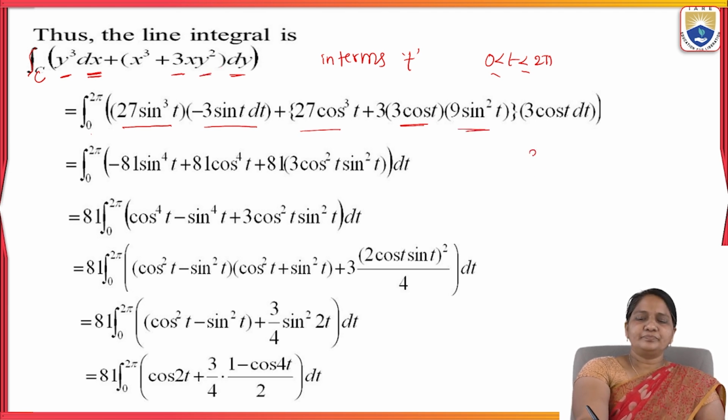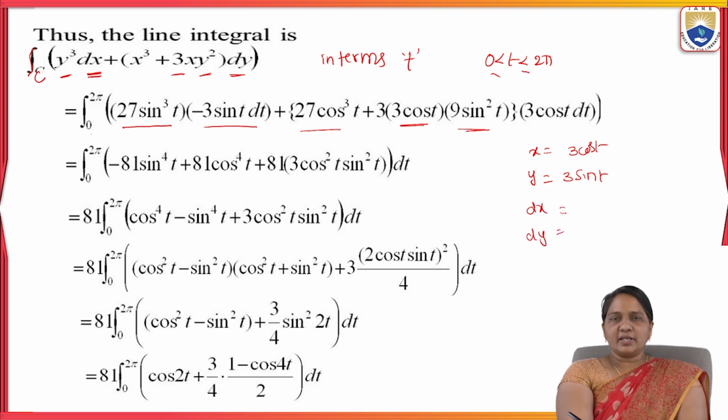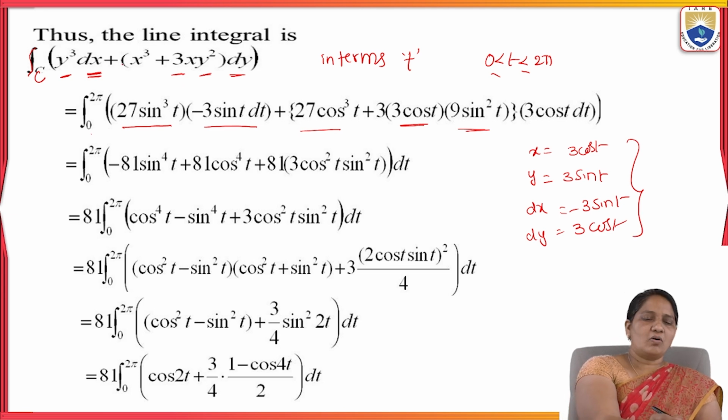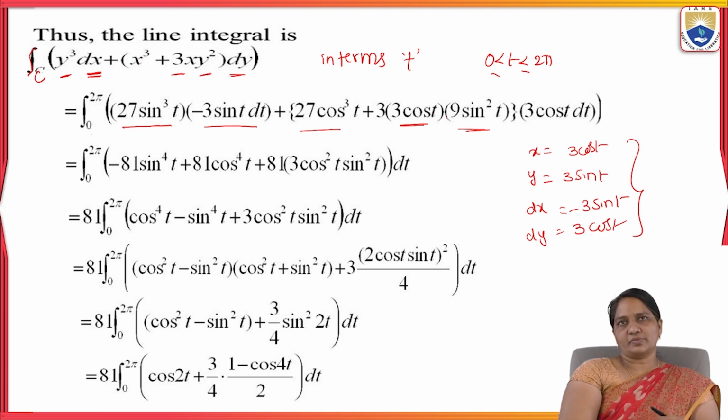So x equals 3 cos t and y equals 3 sin t, and dx equals minus 3 sin t and dy equals 3 cos t. These values we used here to convert all x and y terms in terms of t.